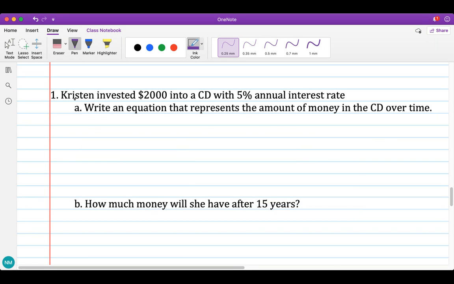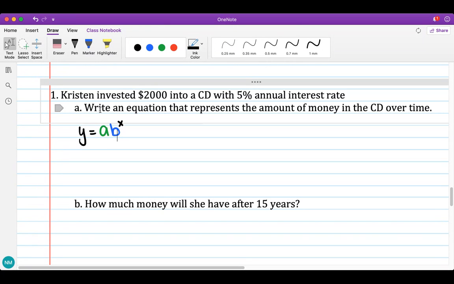So Kristen invested, so we're going to have y equals A B to the x, right? We have to find our A and our B. What is our starting value, our initial value, our value at T or X equals 0?